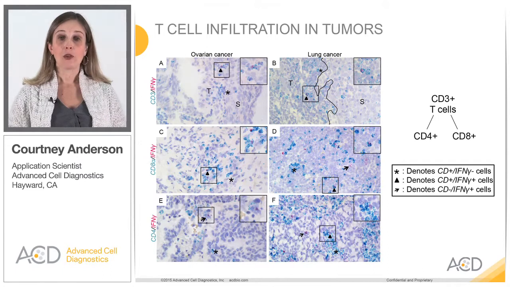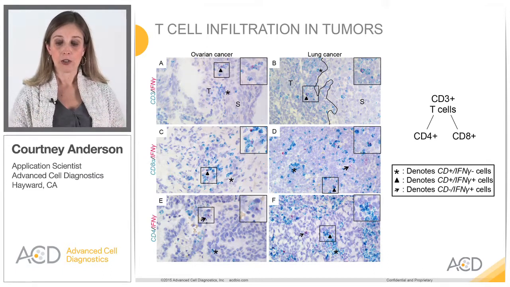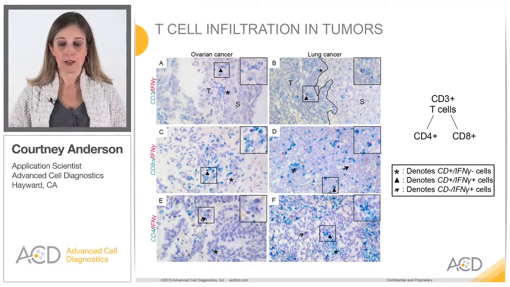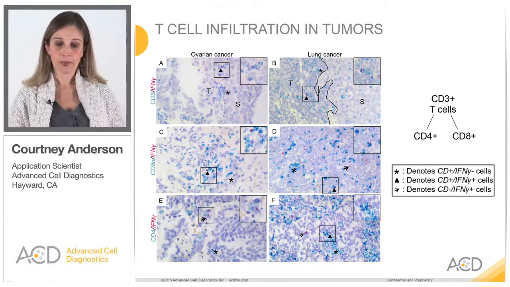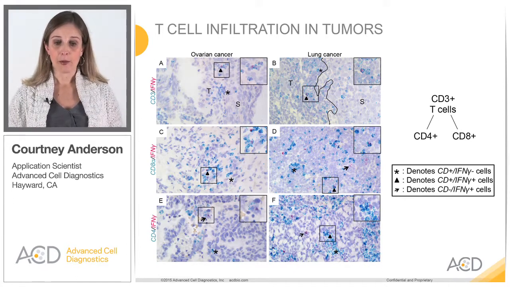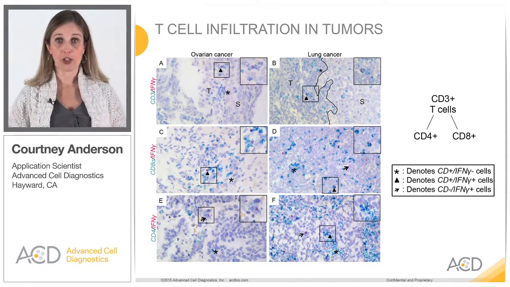And I should mention that CD3 is a marker of all T cells, whereas CD4 and CD8 are markers of subsets of T cells, and they are mutually exclusive, so no 2 cells will express CD4 and CD8. So what we see is co-localization of the CD markers with interferon gamma in both the ovarian cancer and the lung cancer. So this data demonstrates that we are getting T cell infiltration in the tumor.